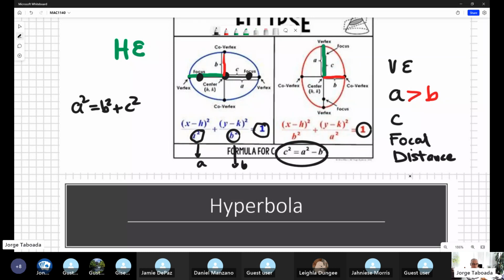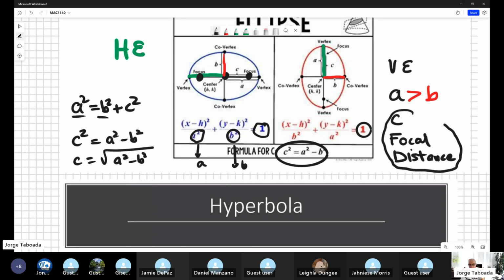So I have a and b in my hand. Using the formula, c squared is equal to a squared minus b squared. Much better. c alone is the square root of a squared minus b squared. Okay, c, repeating again, is the focal distance, the distance between the center and the focus.